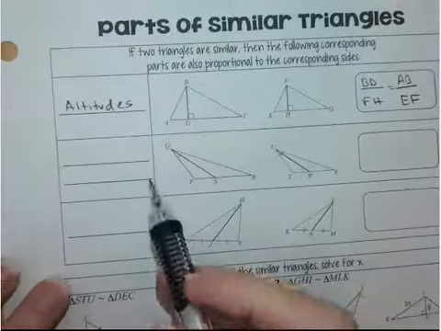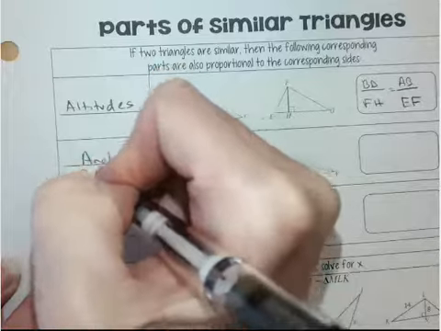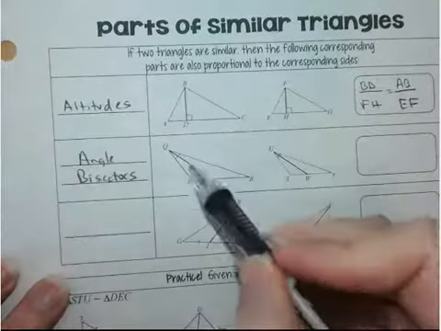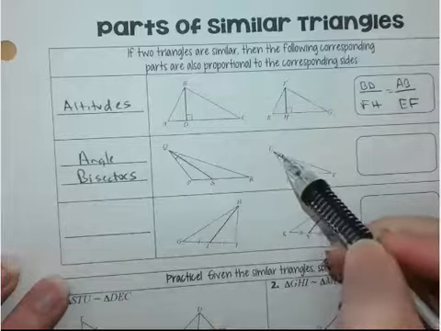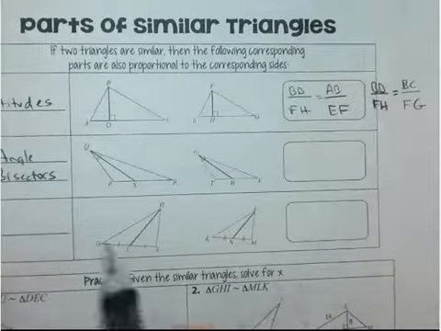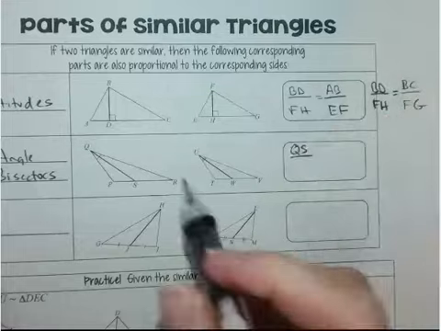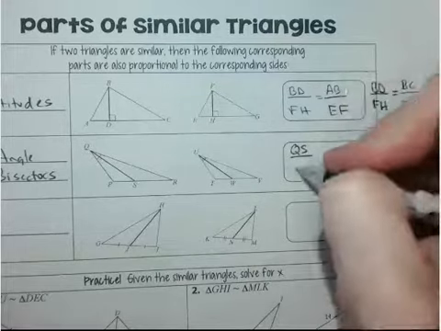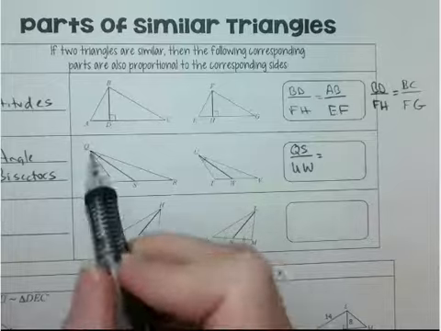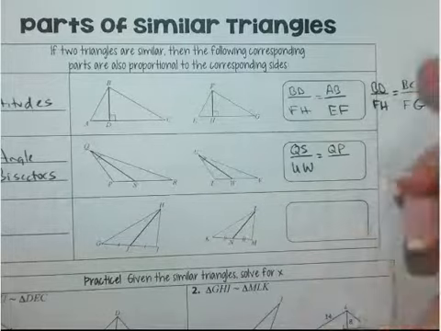Okay, the next one, we're going to use angle bisectors. And so angle bisectors means that these two angles are congruent here, which is what they're showing us. And so for this one, our proportion is going to be that angle bisector QS over UW is going to be equal to, and we'll have QP over UT.